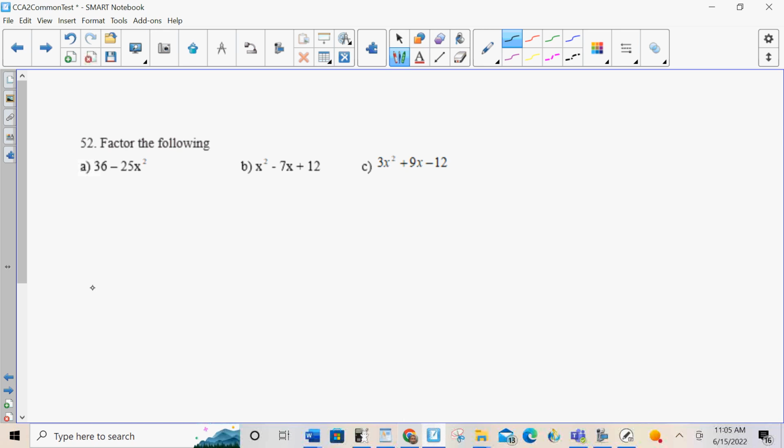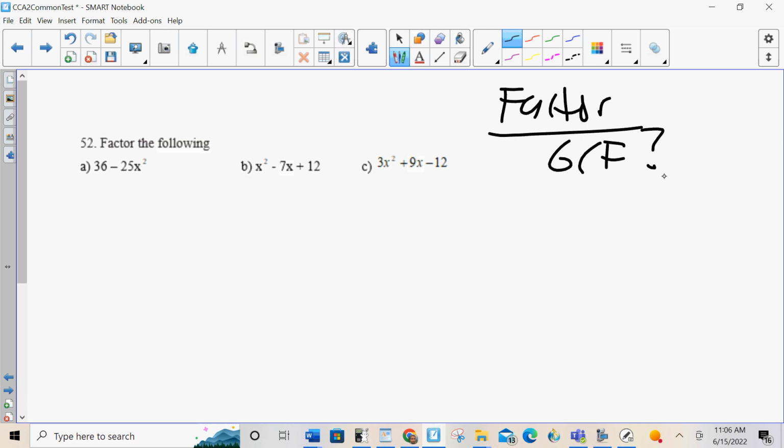So the first thing you look for whenever you're factoring is a GCF. In A, is there a GCF? No. Let's write it all out here. Factor. First thing you want to look for is a GCF. From there, if there's two terms, it's going to either be dots or cubes.